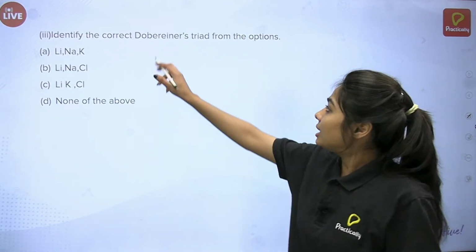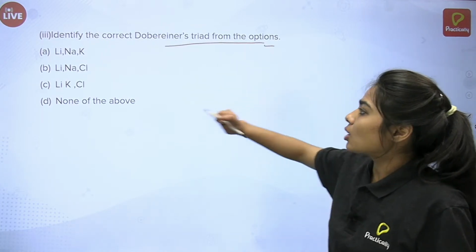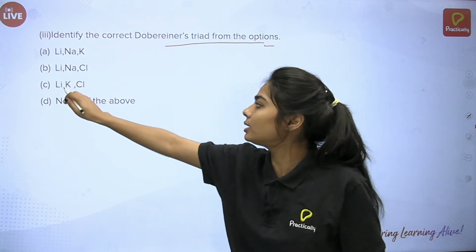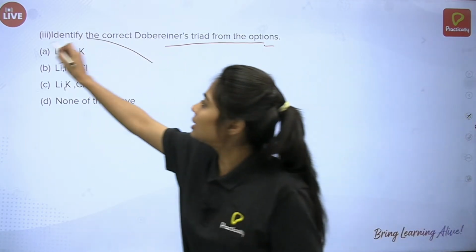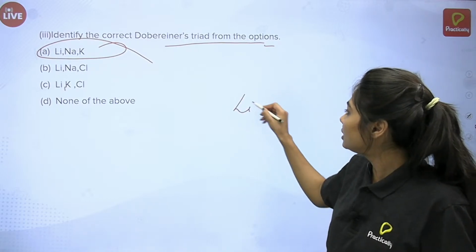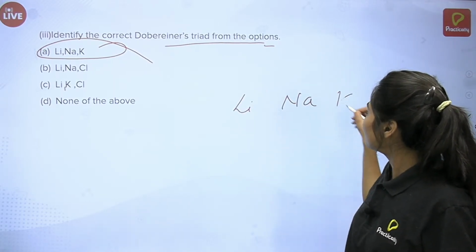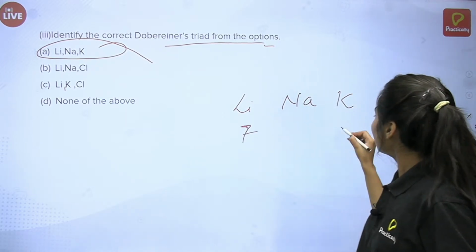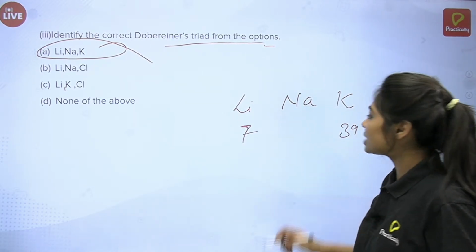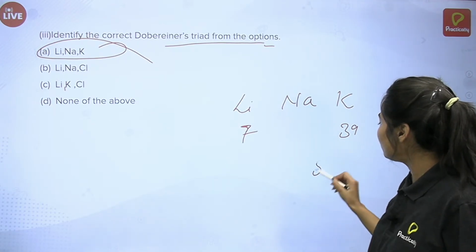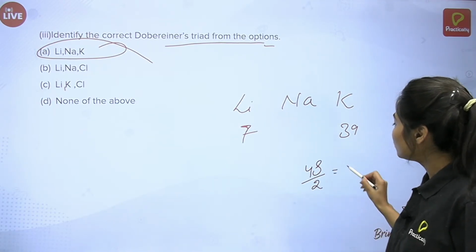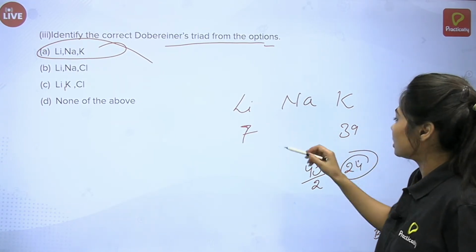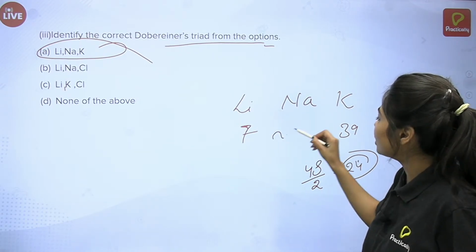Next, identify the correct Dobereiner triad from the options. Lithium, sodium, potassium; chlorine, lithium, potassium; chlorine; none of the above. If you take lithium, sodium, potassium, then lithium is 7, potassium is 39. If you just take the average atomic mass, it will be 46 divided by 2, which gives around 23.